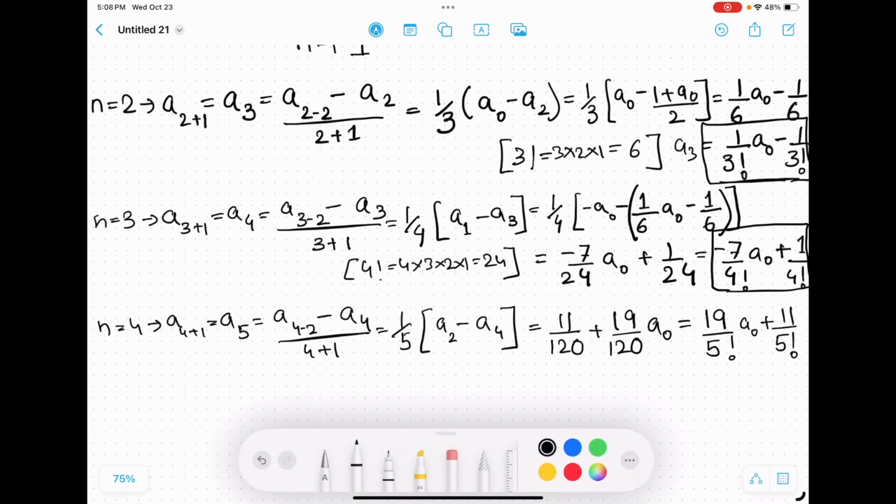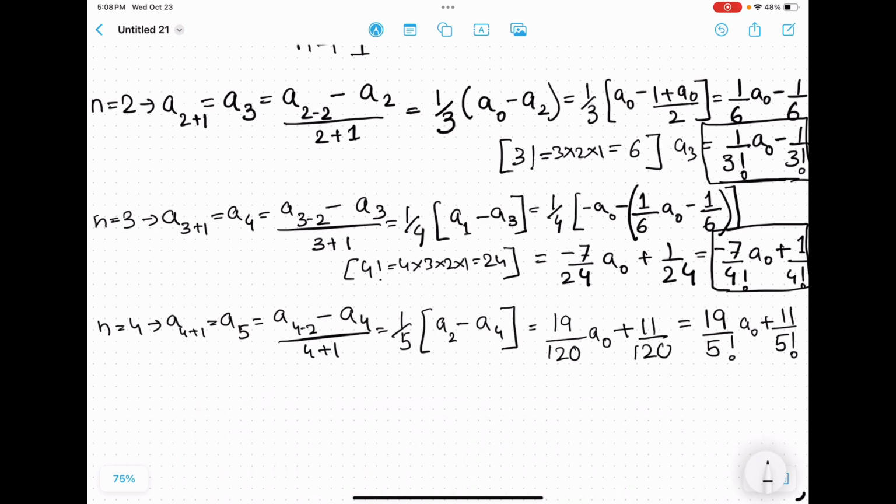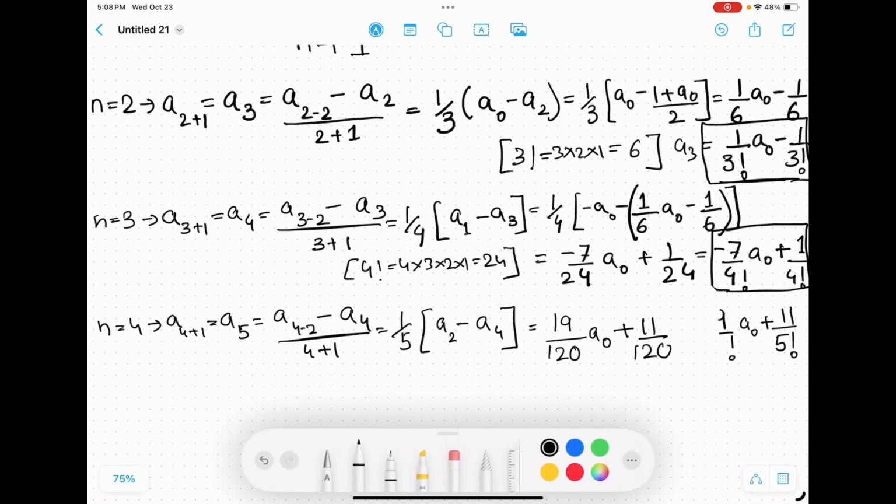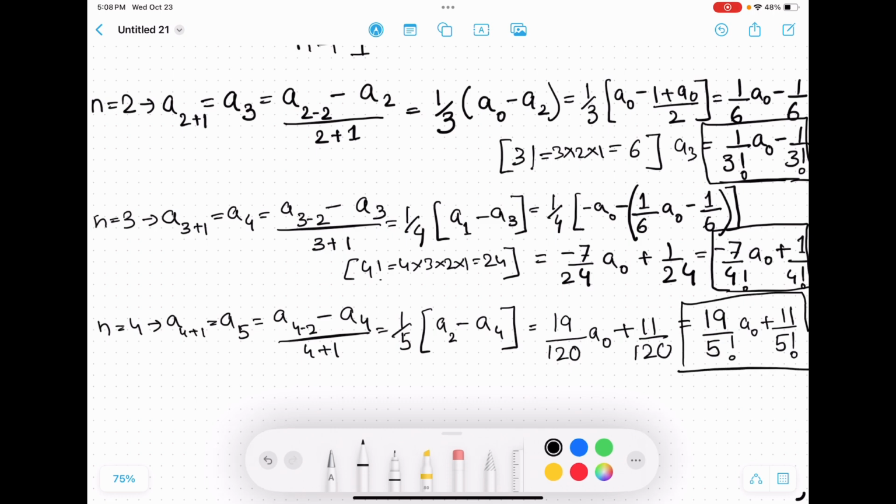Let me write the a sub 0 first. So I have 19 by 120 a sub 0 plus 11 by 120. If we simplify that, that's what we get for my a sub 5. We draw a box.